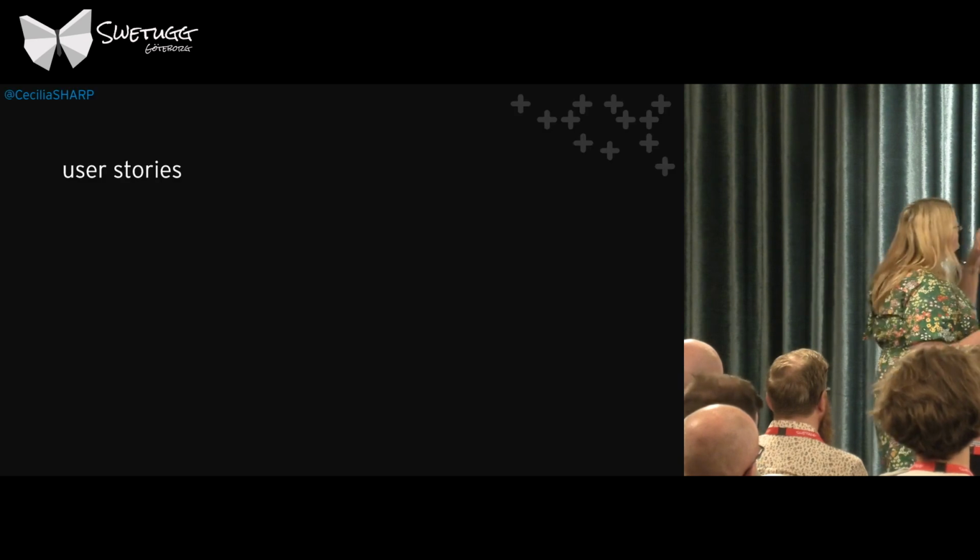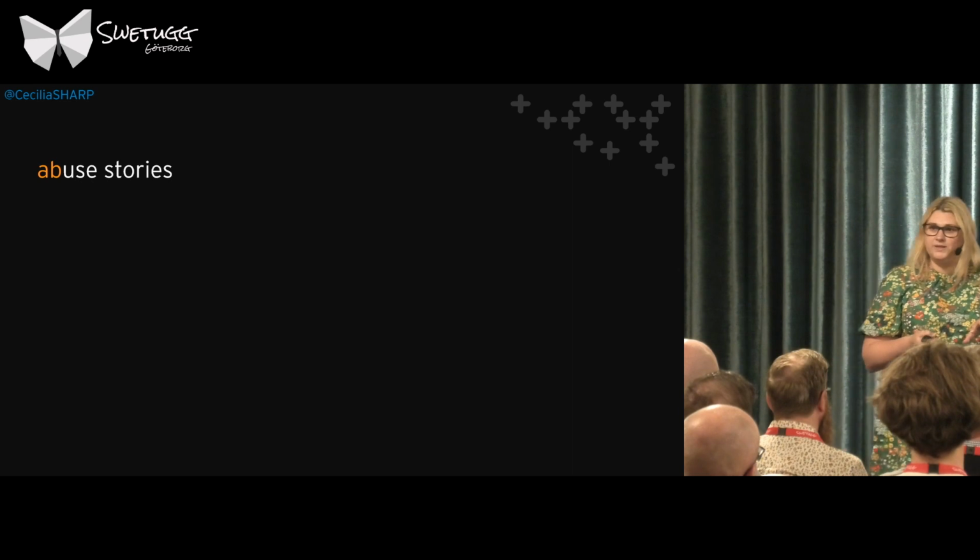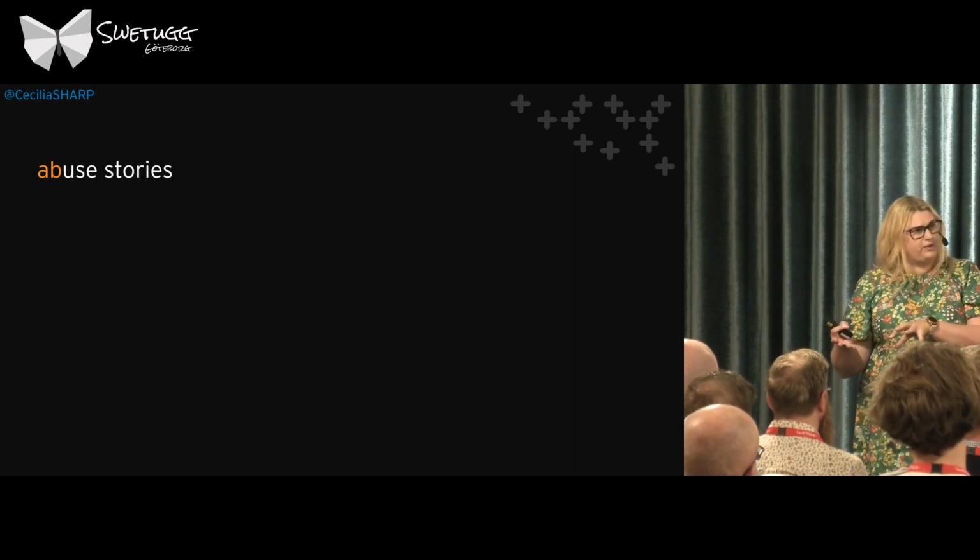So when we create a user story, or whatever we call it, we mostly think about what you want to achieve, what persons A, B, and C in the operating company want to have. But instead of just user stories, we need to create abuser stories as well. So we think about the things that we don't want to happen.